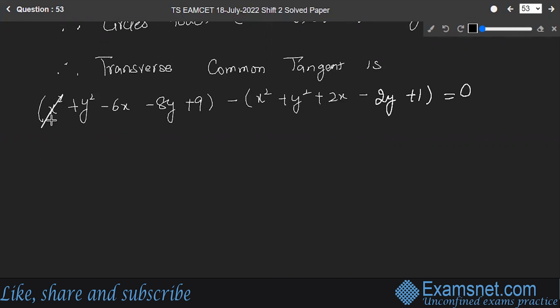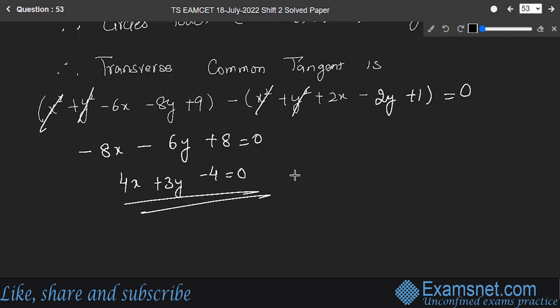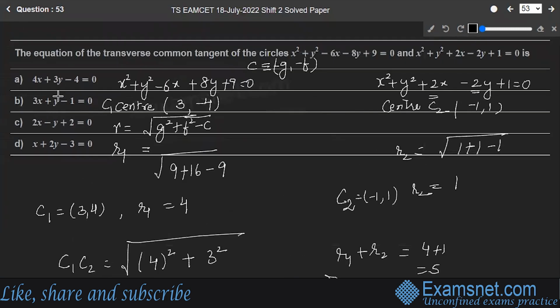This will give me x square and y square cancelling out, and this will be minus 8x plus 10y plus 8 is equal to 0, or 4x minus 5y plus 4 is equal to 0. This is the answer. Let's check. We have option A as the correct answer.